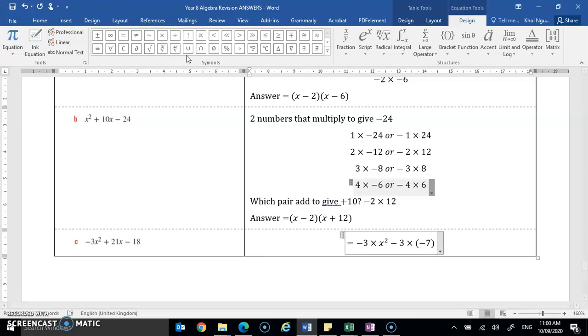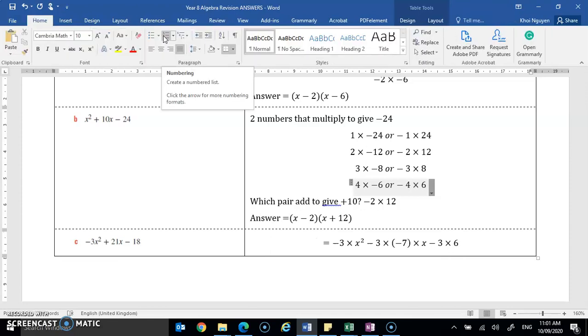And then for the -18, we want to write it as a multiplication of -3 and something else. So divide -18 by -3 and you should get 6.